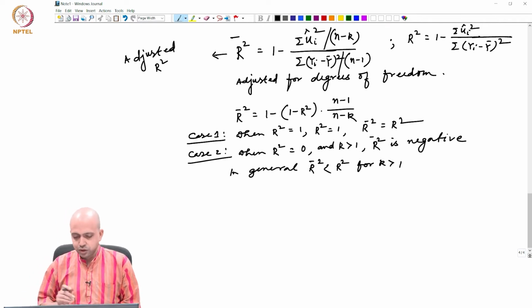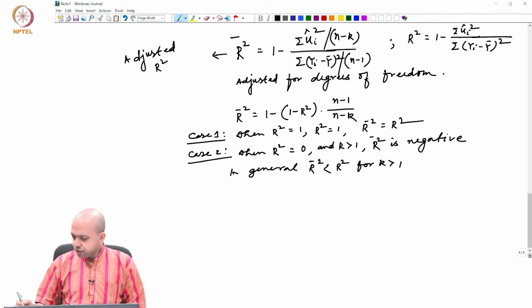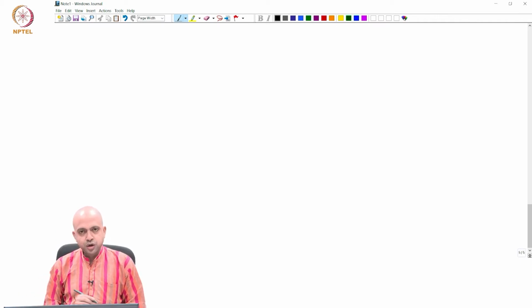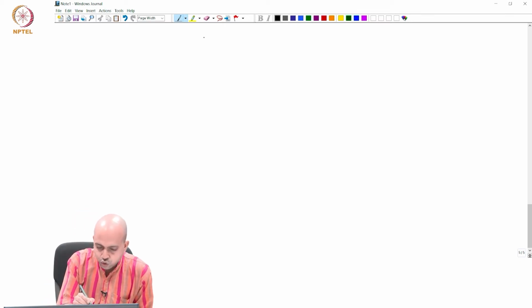Right, two different models. Then one more thing that we must learn in the multiple linear regression model is called overall significance.